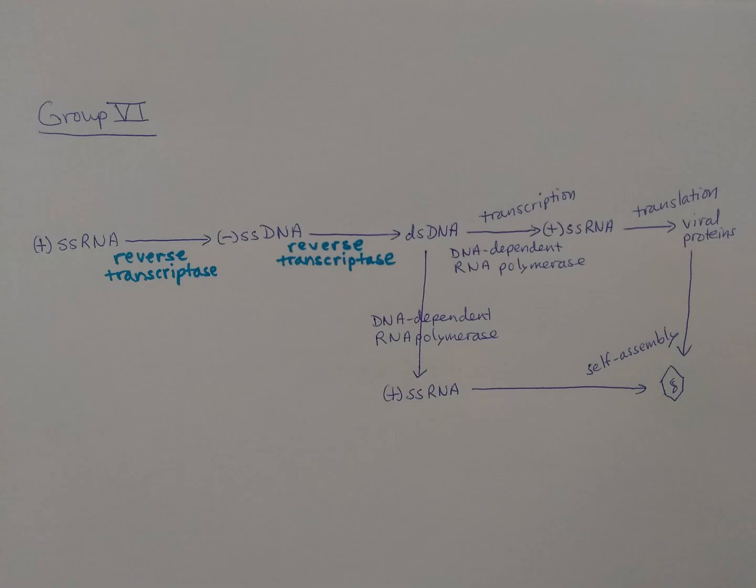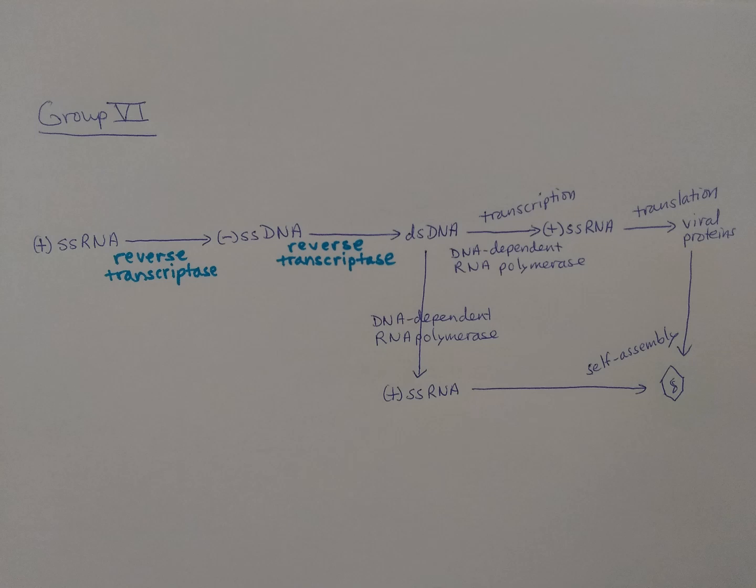This is the life cycle for making more group 6 viruses. All group 6 viruses have plus single-stranded RNA as their genetic material. When they get into the host cell, they need to take that plus single-stranded RNA and from that make double-stranded DNA. So that's reverse transcription, and they use the enzyme reverse transcriptase to do that.